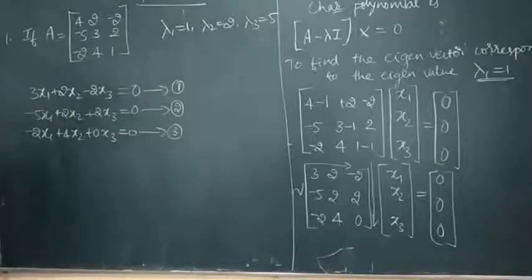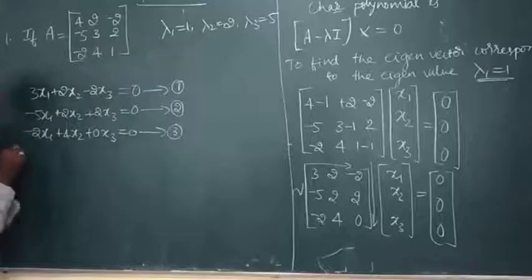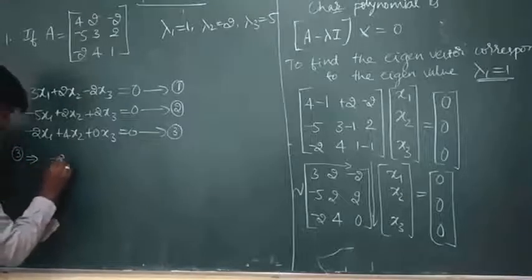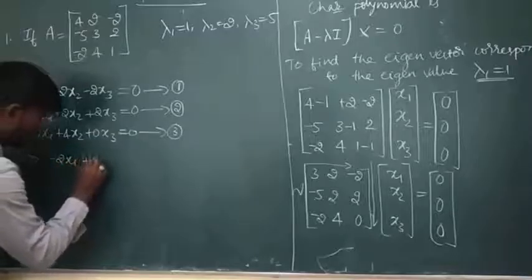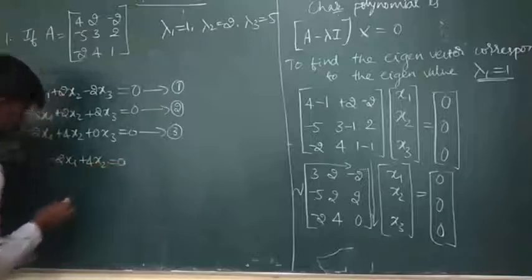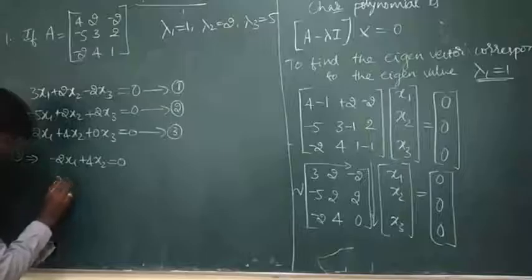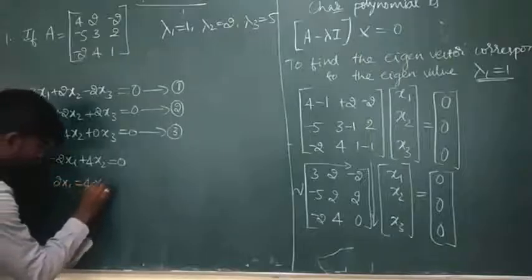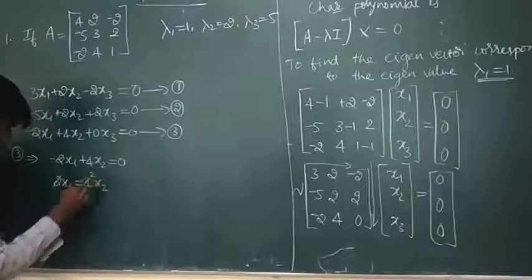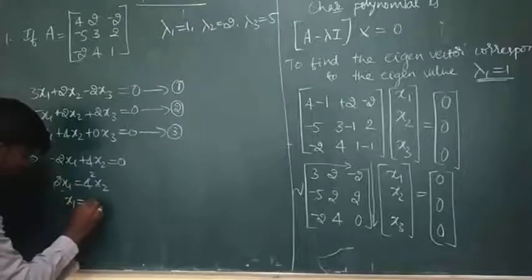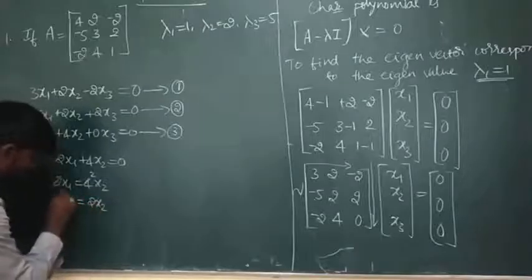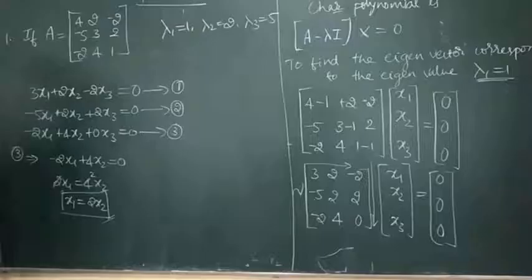From equation number 3, we have minus 2x1 plus 4x2 equal to 0. Therefore, 2x1 is equal to 4x2, so x1 is equal to 2 into x2.